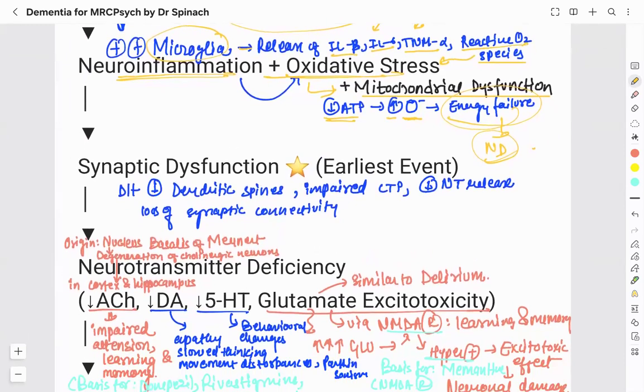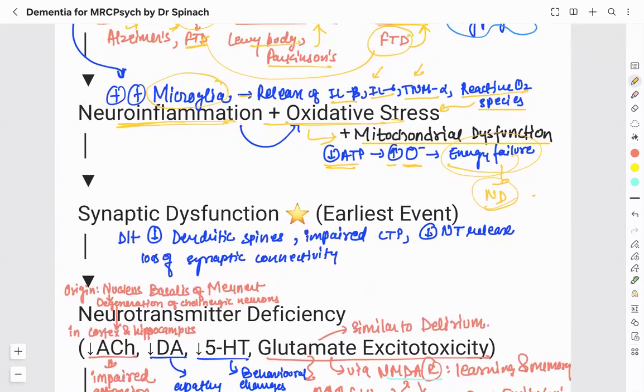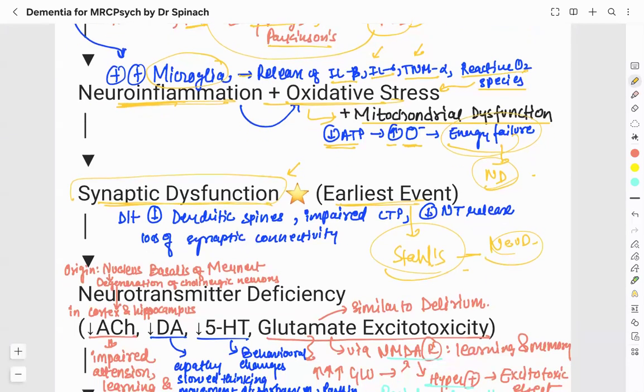Then what happens next is we have synaptic dysfunction. This is the earliest event. This is what Stahl says. Stahl's psychopharmacology says that before neuronal death occurs, there is synaptic dysfunction because of all of this that is happening, due to decreased dendritic spines, impaired LTP, decreased neurotransmitter release, and loss of synaptic connectivity.